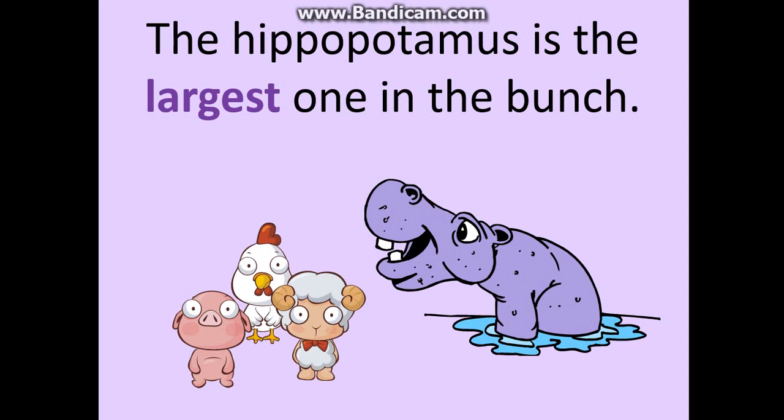In the sentence, we will say that the hippopotamus is larger than the pig, than the chicken, and so on. So the sentence is: the hippopotamus is the largest one in the bunch.